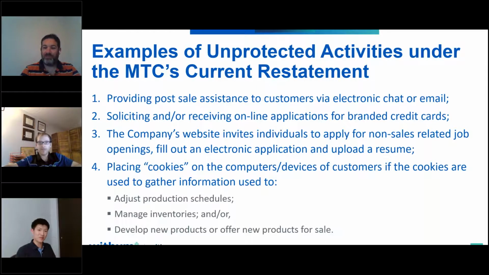I know Witham Shore definitely has a section that allows for that, and I'm sure many websites have that available on their webpage. Number four, placing cookies on the computer. This was protected before, but if your cookies allow you to adjust production schedules, manage inventories, or develop new products, that breaks the protection. So even though cookies are allowed, it depends on the function they serve. It might be an unprotected activity.